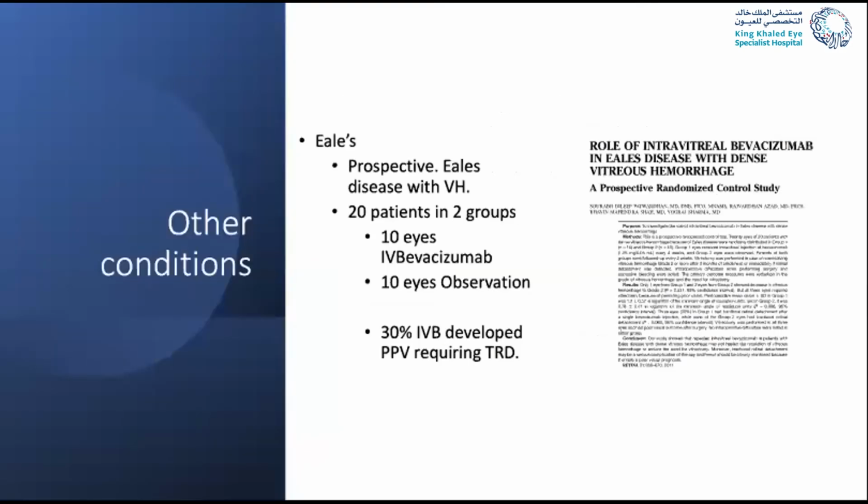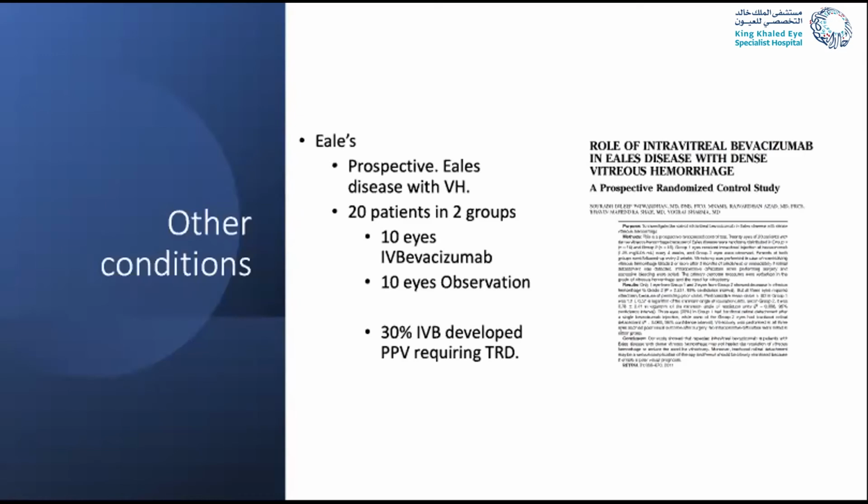There are other conditions where, as I mentioned, crunch has been described. For example, Eales disease. This was an interesting study. It was a prospective study for the treatment of non-clearing vitreous hemorrhage attributed to Eales disease. They randomized 20 patients into receiving either Avastin or observation for the management of their vitreous hemorrhage.